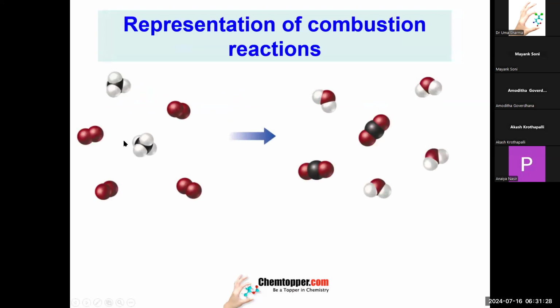Now this is a representation of reactions. If white is hydrogen, black is carbon, and red is oxygen, can you tell me what the reactants are?